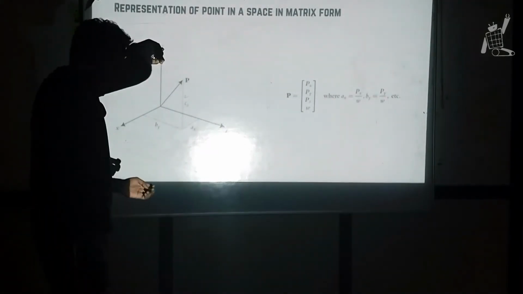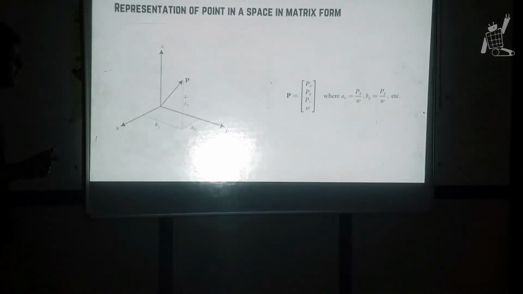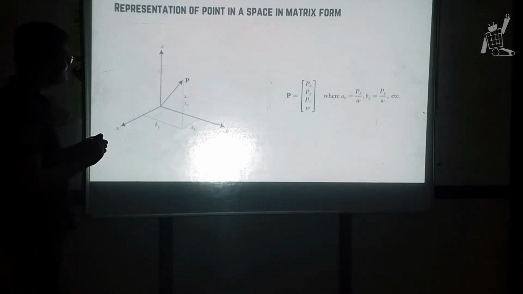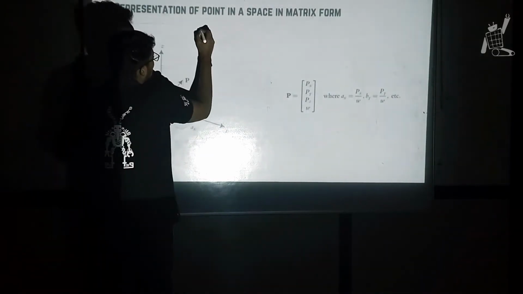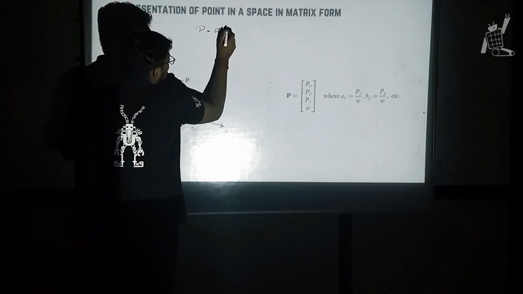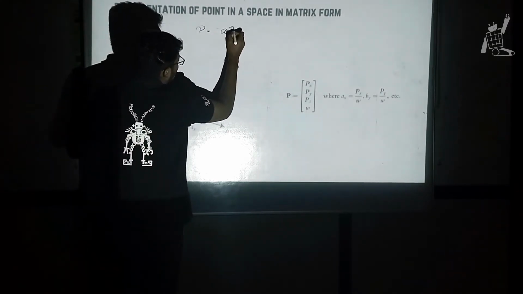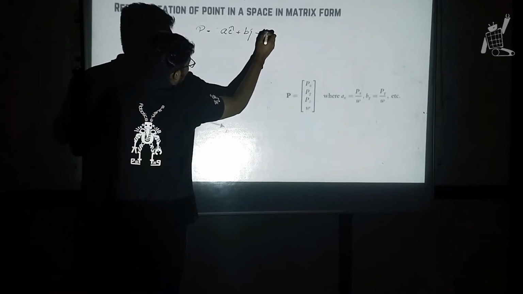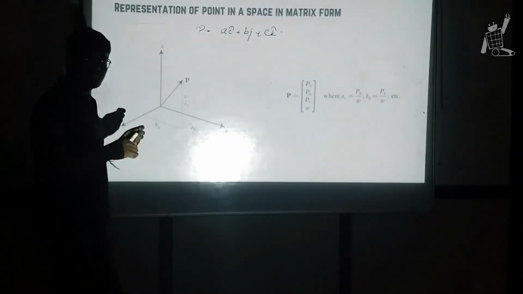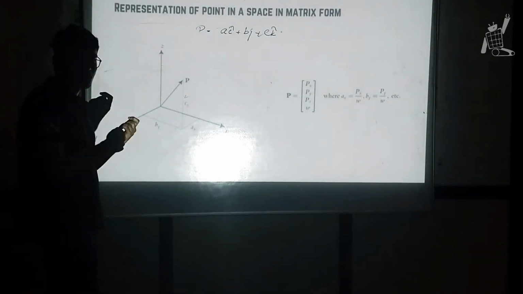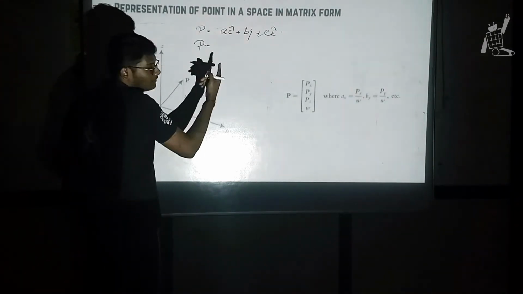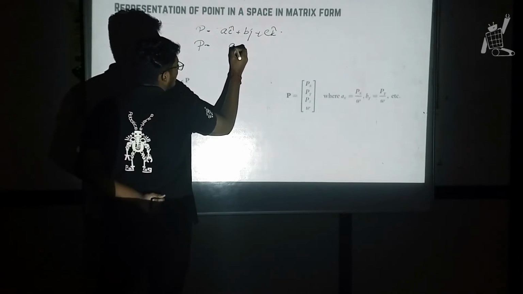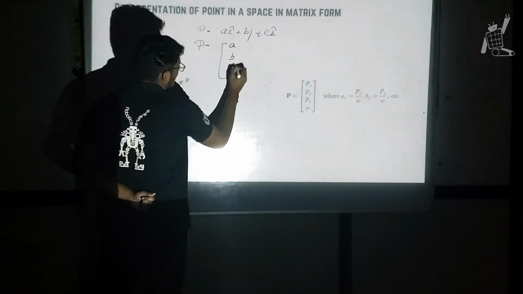Now let us see the representation of a point in space. We all know that a point in space can be represented, if P is a point, as a i cap plus b j cap plus c k cap. This is the vector representation of a point in space. The matrix representation of this point can be written as a, b, c.